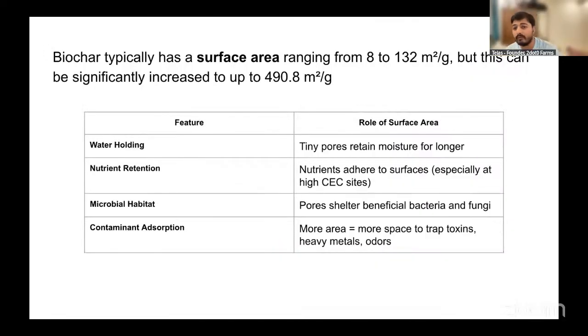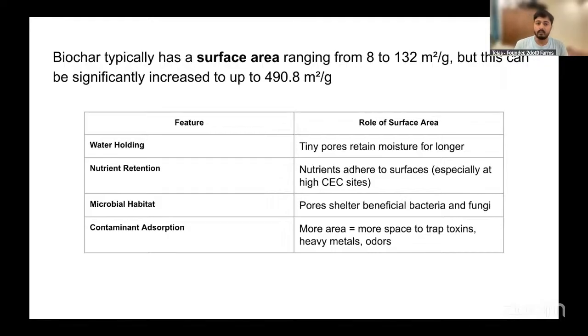So, how does this surface area help us, and why is it important to us? These tiny pores in biochar help us retain water or moisture for a longer period.